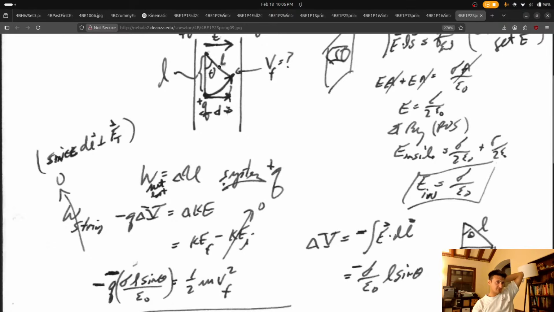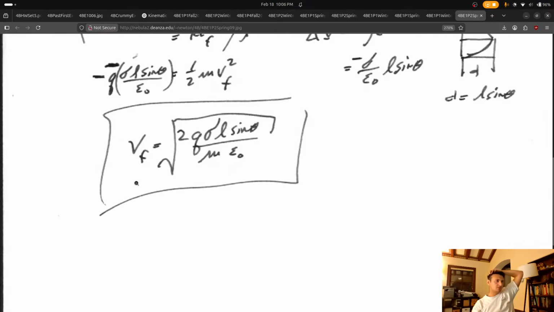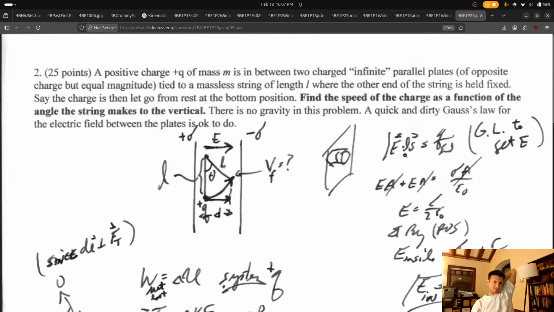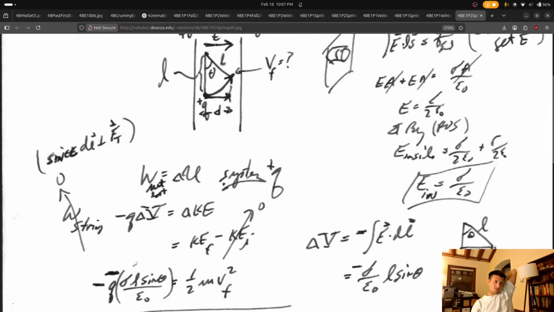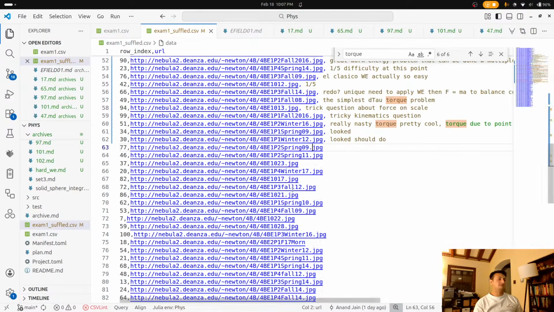The force of tension is going this way. But DL, wow, that's crazy. It ended up being so easy, but this seems so hard. How did he find this voltage potential? Whoa. Damn. This is awesome.